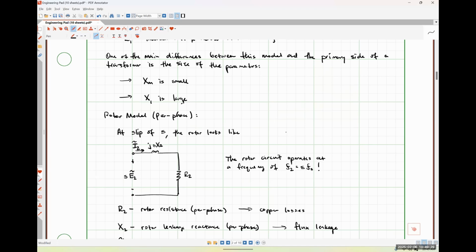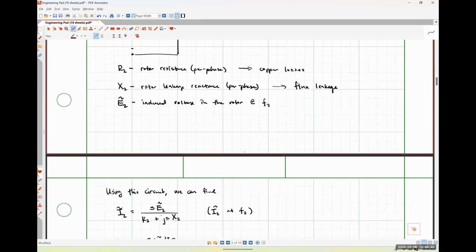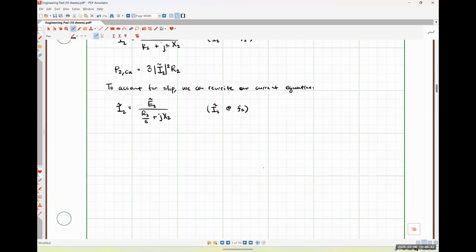So if we divide everything by the slip, it looks like we're operating at our stator frequency. Okay. So at our stator frequency, then, we're going to have a slightly different equivalent circuit that we can use so that we can connect these together.